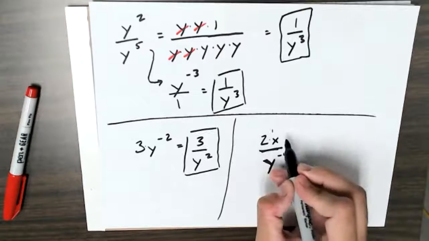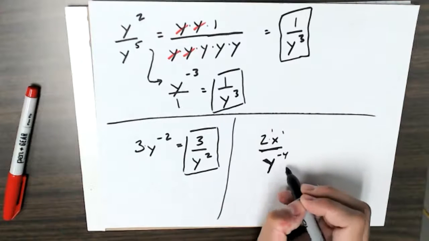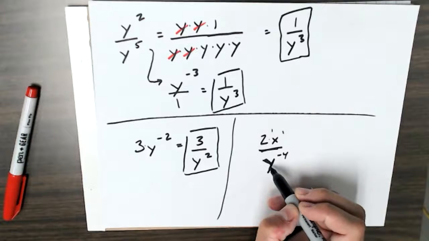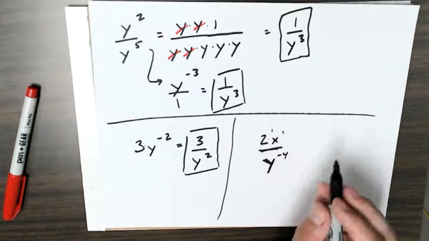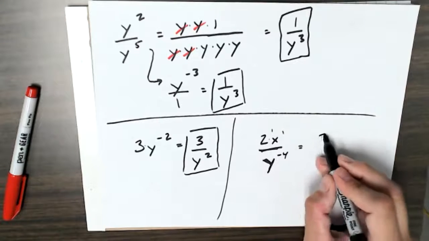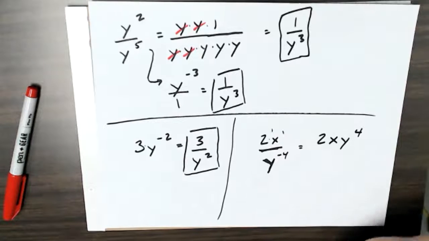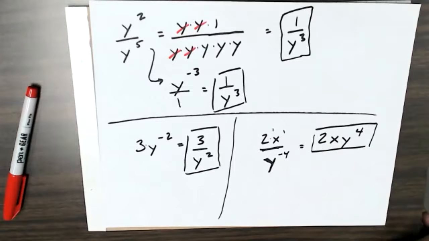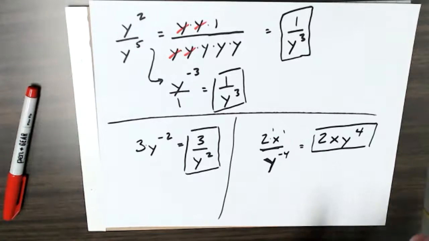Both of their exponents are really 1 if you wanted to write that to keep track of it. But I've got this negative in the denominator. Now look, if we have a negative in the denominator, to make it positive, you have to move it up to the numerator, okay? And that's exactly what I'm going to do. So I'm going to say 2x y to the positive 4. Okay? And that's really how we deal with negatives.